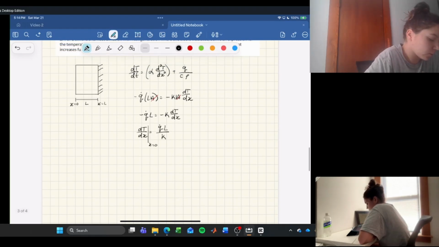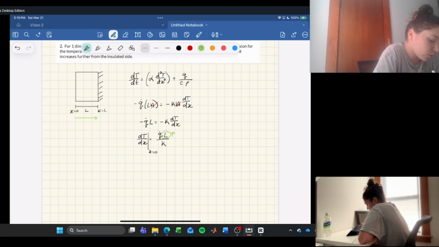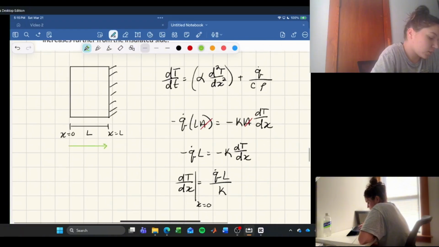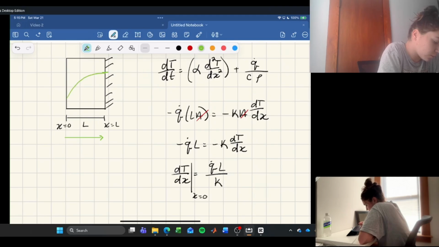So then looking at the left side here, as x gets bigger, so as x gets bigger this way, the length increases. So that means that this length in the numerator is going to get bigger. So that means that the slope is increasing. If we look at this insulated side, it's insulated, so that means the slope is going to be 0. So this is going to be 0, and then starting from left to right, the slope will increase.